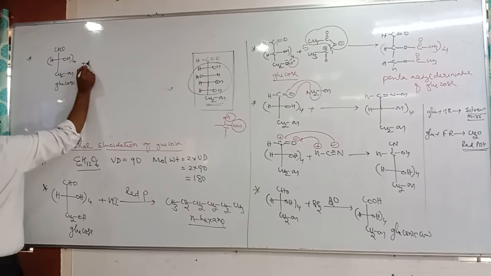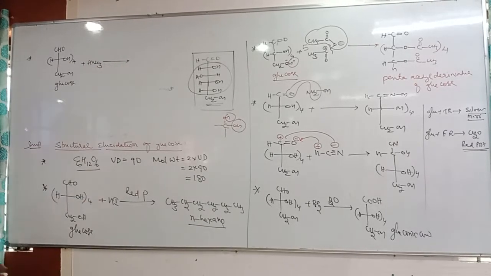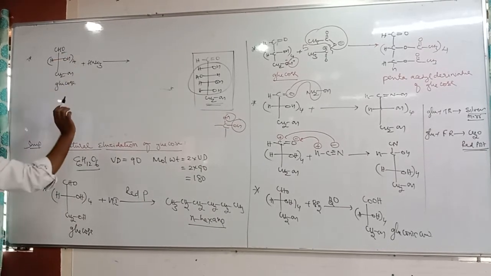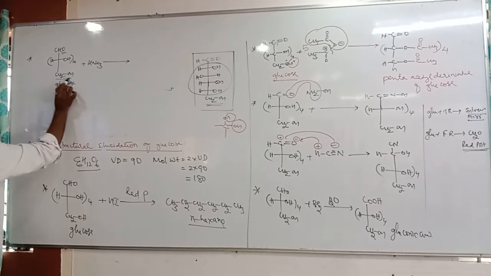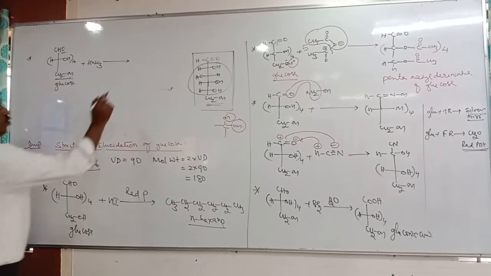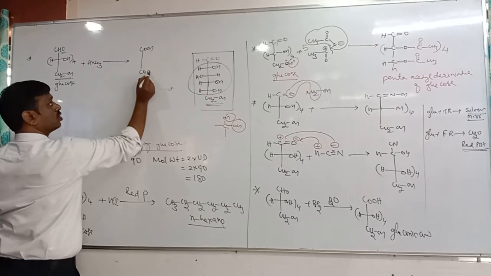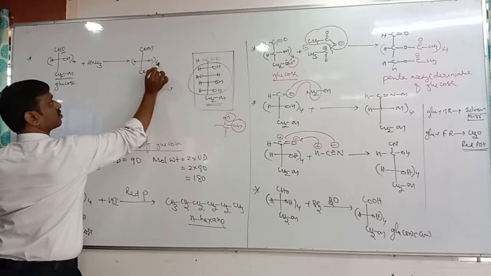It reacts with HNO3, a strong oxidizing agent. In the presence of a strong oxidizing agent, of course the aldehyde group undergoes oxidation. Along with the aldehyde group, the primary alcohol also undergoes oxidation. It is a primary alcohol, therefore you will get COOH and at the last also COOH. The middle ones are secondary alcohols, so they do not.